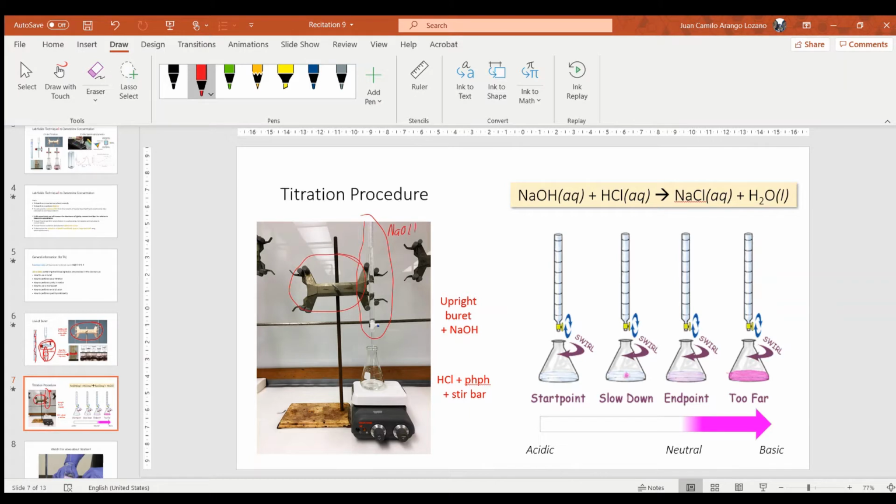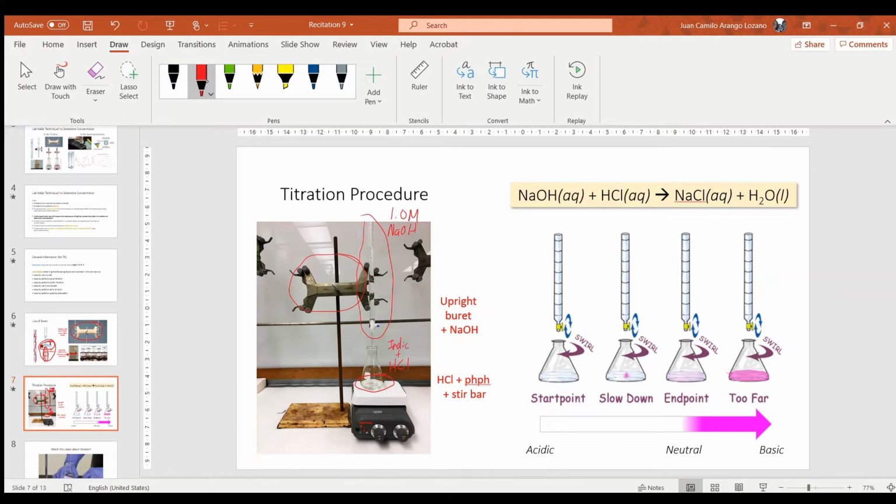And the concentration for this NaOH is 1 molar, and then you are titrating, in this case, a mixture of hydrochloric acid of unknown concentration plus the indicator.